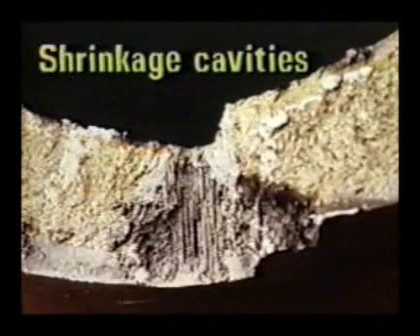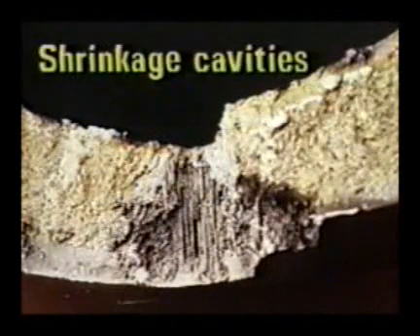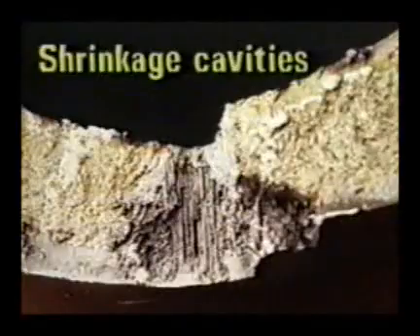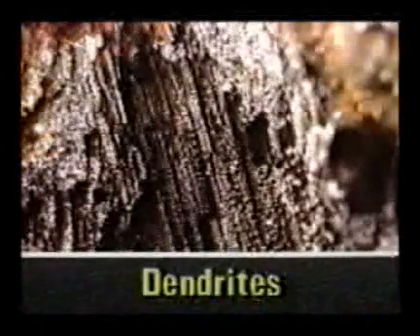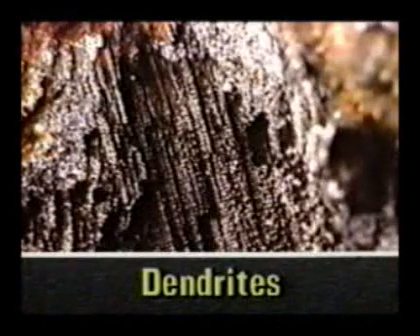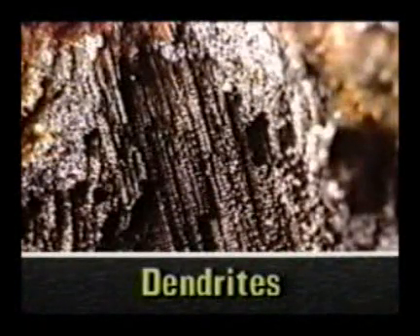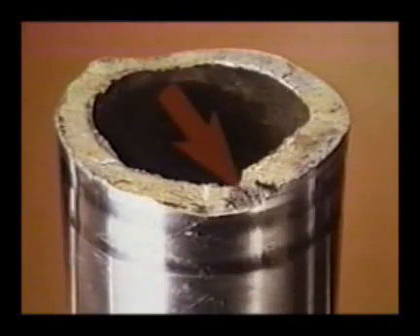Shrinkage cavities are another type of internal problem that can cause fatigue cracks to grow outward toward the part's surface. Some shrinkage cavities can be identified by dendrites. Dendrites are the long rows of spherical metal grains seen here. Large shrinkage cavities can weaken a part enough for normal loads to cause fracture.